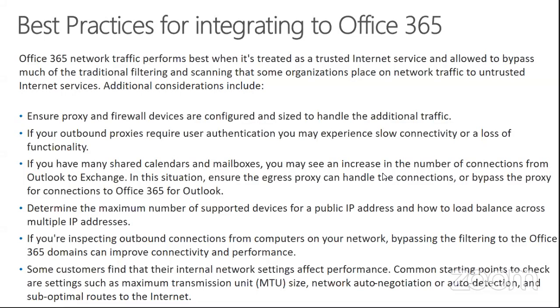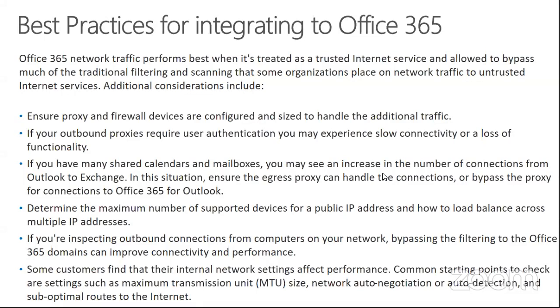If you allow your Office 365 environment to bypass this, it is going to perform best. And again, it's not a trade-off between security and the ease of usage for your end users, because with the wide range of security controls built into the cloud and Office 365, that security still holds.